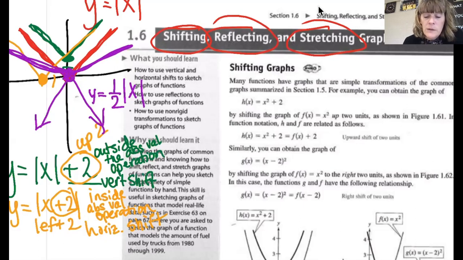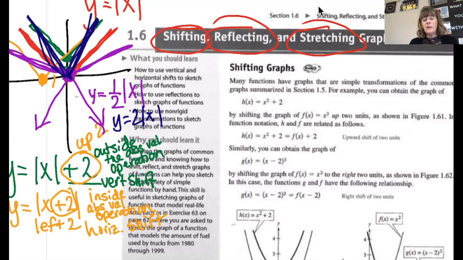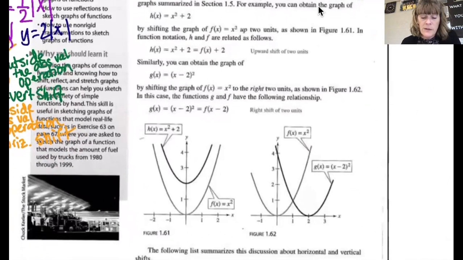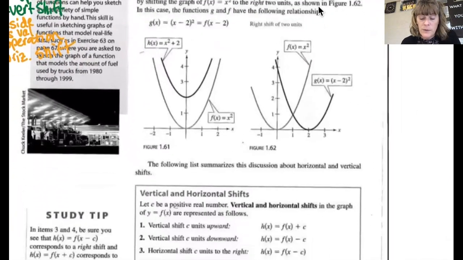And if it was y equals 2 absolute value of x, then that means it would be a steeper v. Okay, so basically those are the 3 types of things that we're going to be talking about today. I personally think the shifting of graphs is the easiest to get used to.